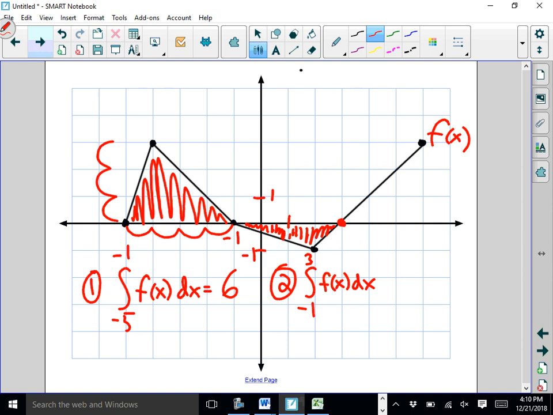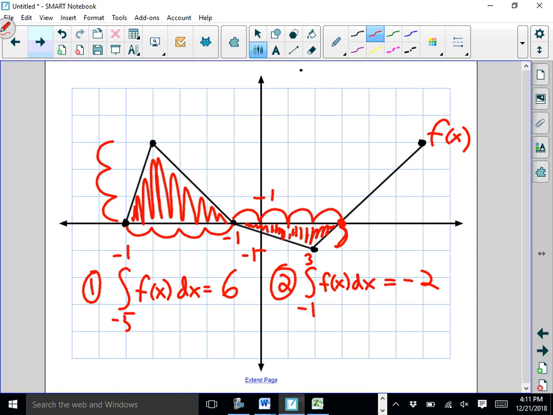That triangle has a base of 1, 2, 3, 4 and a height of 1. 4 times 1 is 4, divided by 2 is 2. But again, I need to consider, is my answer going to be positive 2 or negative 2? My answer would be negative 2 this time, because the region that I shaded is below the x-axis. Okay?